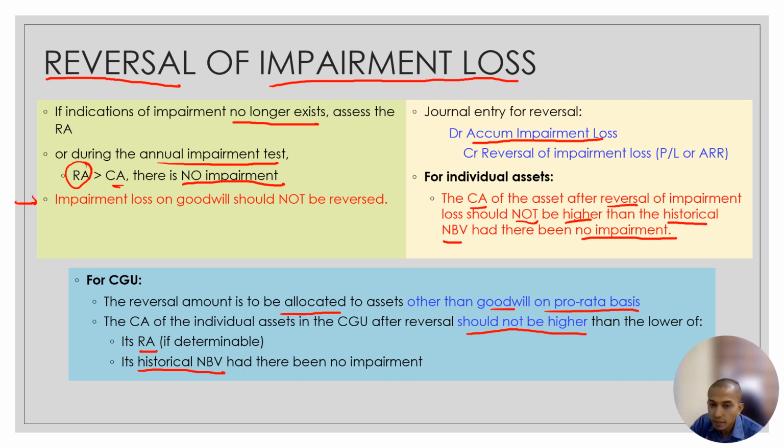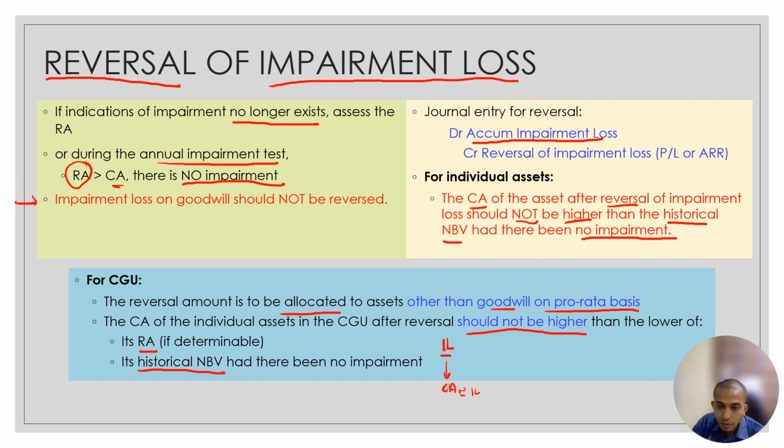If there is an impairment loss, then we proceed. We have the carrying amount with impairment loss, which means we minus the impairment loss.